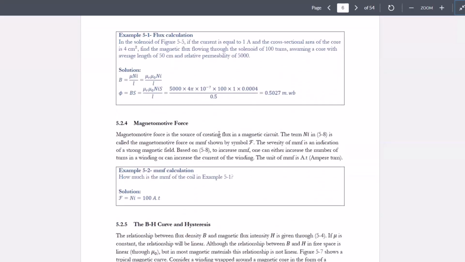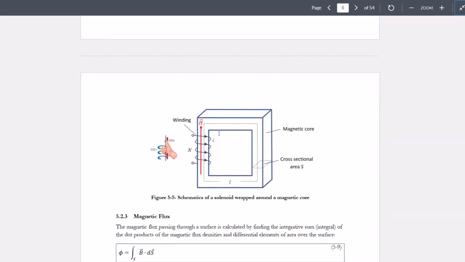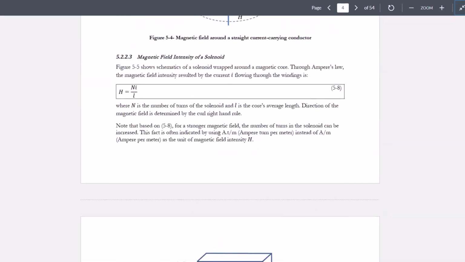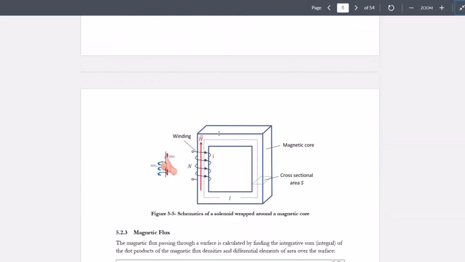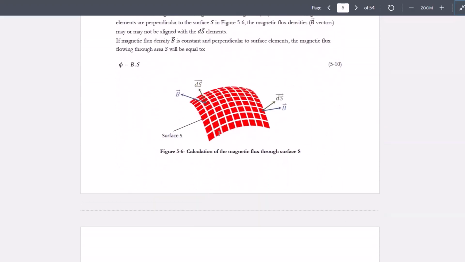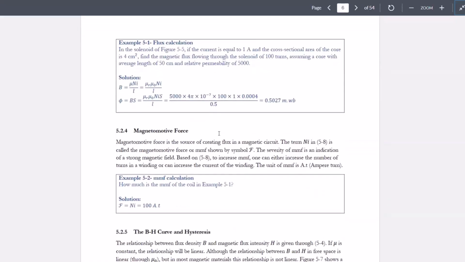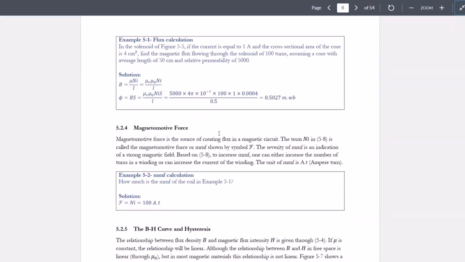We know that the magnetic field intensity would be H equals N I over L. And once you multiply H by mu, you would get the magnetic flux density. So B would be equal to mu times N I over L, where mu itself would be mu r times mu 0.